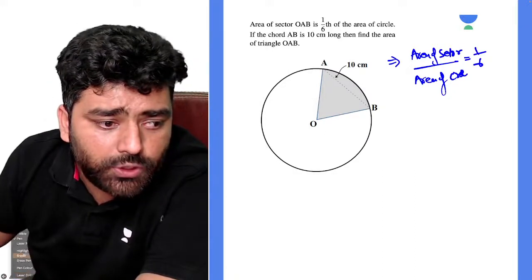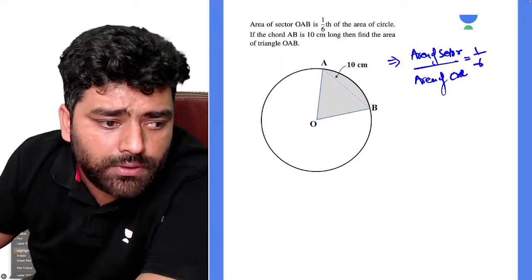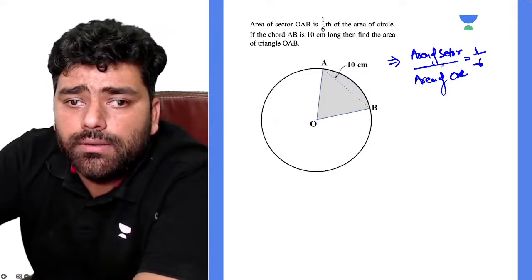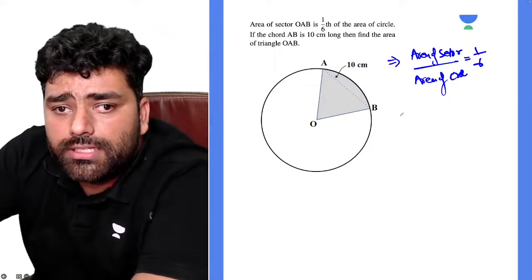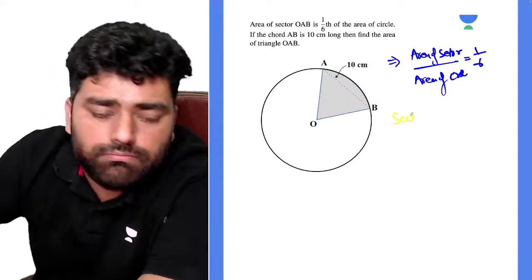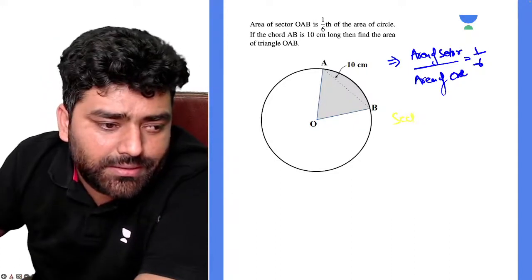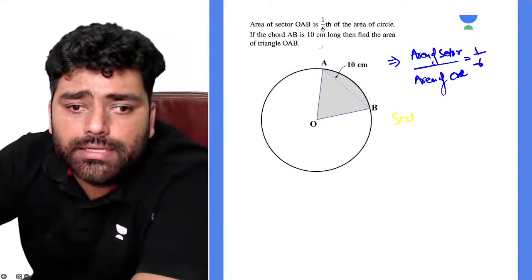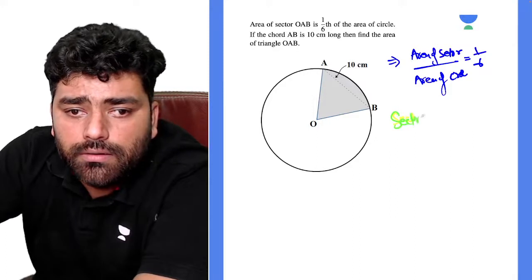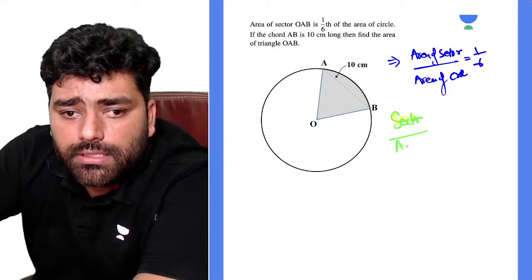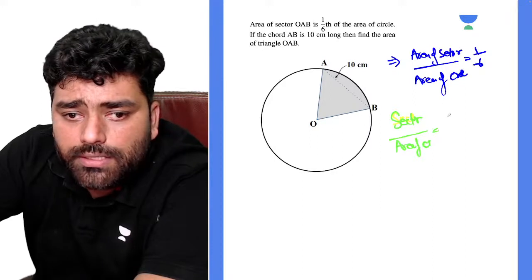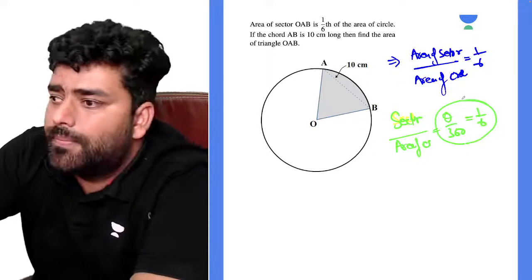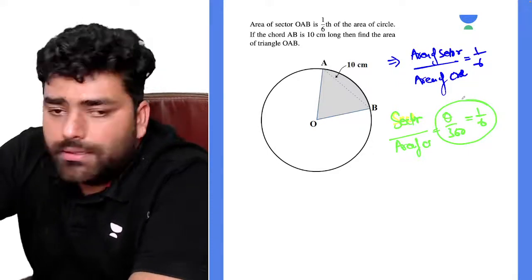And then do we know other information there? According to the concept, area of sector over area of circle is equal to theta divided by 360, and according to the question that is 1 by 6, right guys?